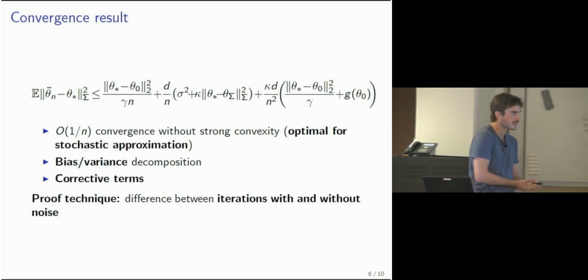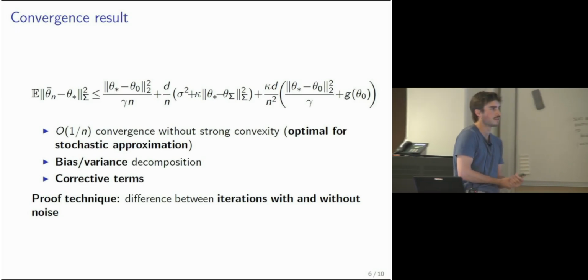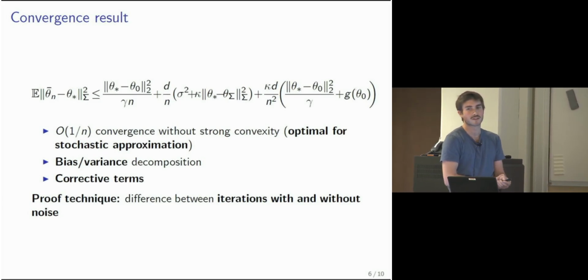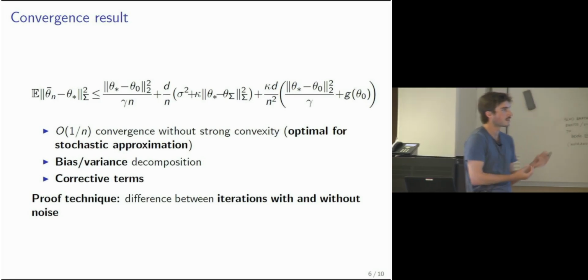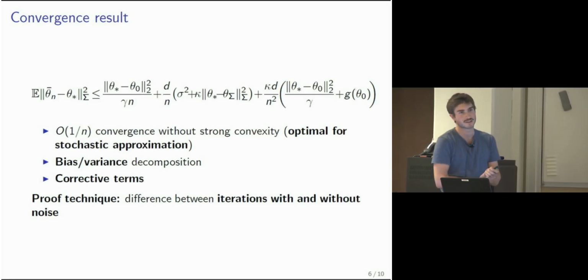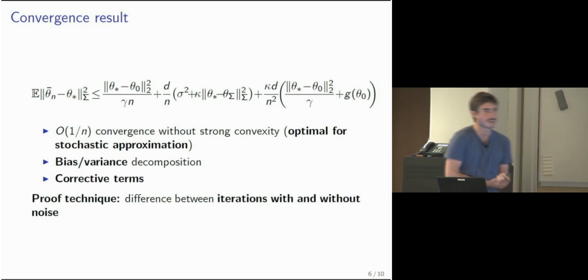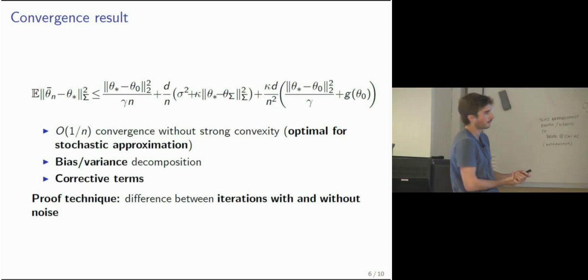You can show that this difference satisfies the same kind of recursion, with the only difference that, since the stochastic iteration and the deterministic iteration start from the same point, there is no bias for the second recursion.